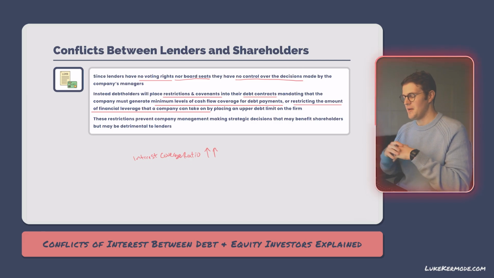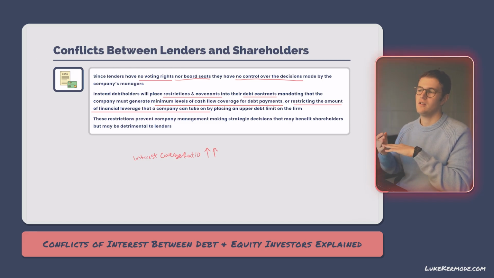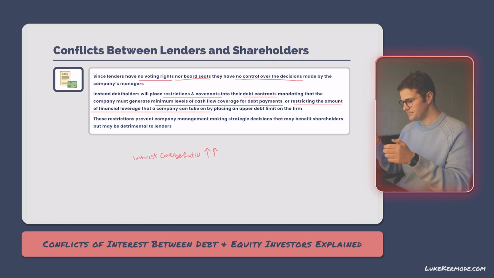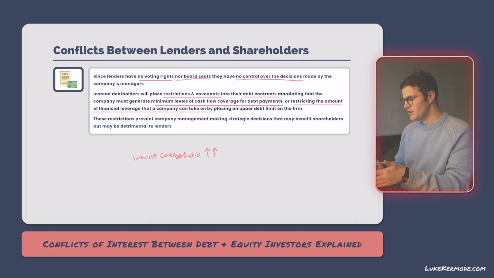So there may be something like you cannot take on any additional debt, or you can't have a leverage ratio any higher than 4 times your profits, something like that. So they'll place restrictions into the debt contract. And these restrictions will prevent management from making decisions that may benefit shareholders but are detrimental to lenders.